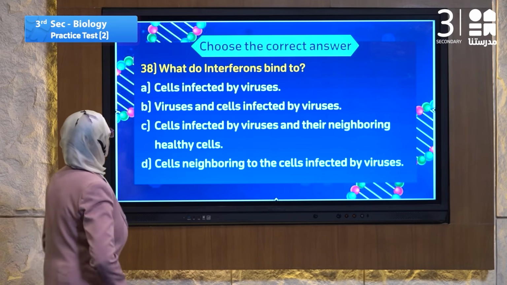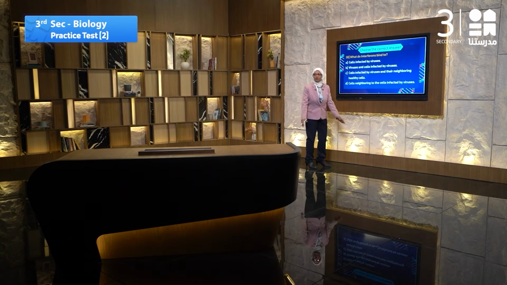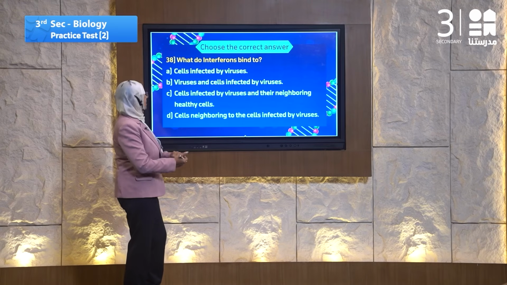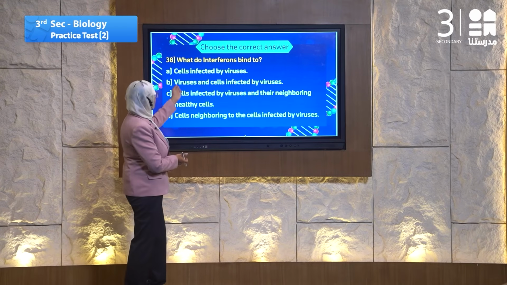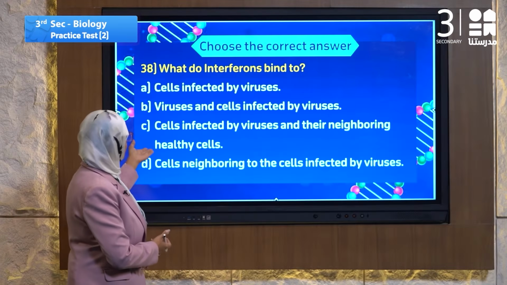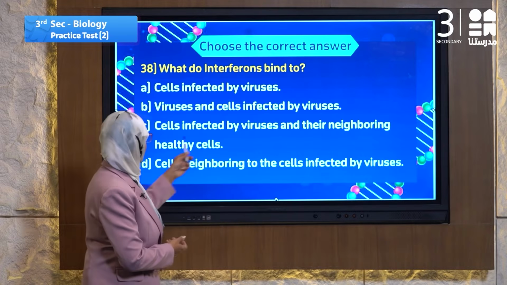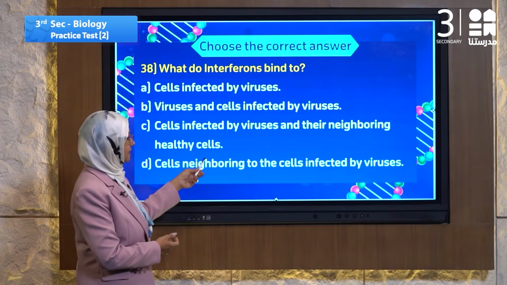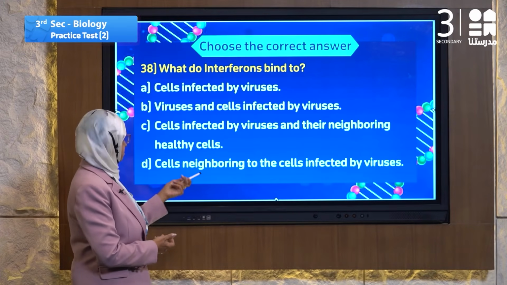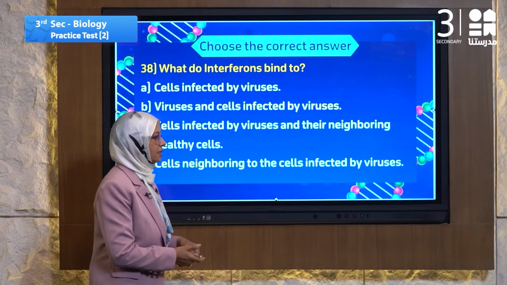Question number 38, what do interferons bind to? Interferons are chemical substances which help in immunity. Cells infected by virus, cells infected by virus and their neighboring healthy cells, no, cells neighboring the cells infected by virus.